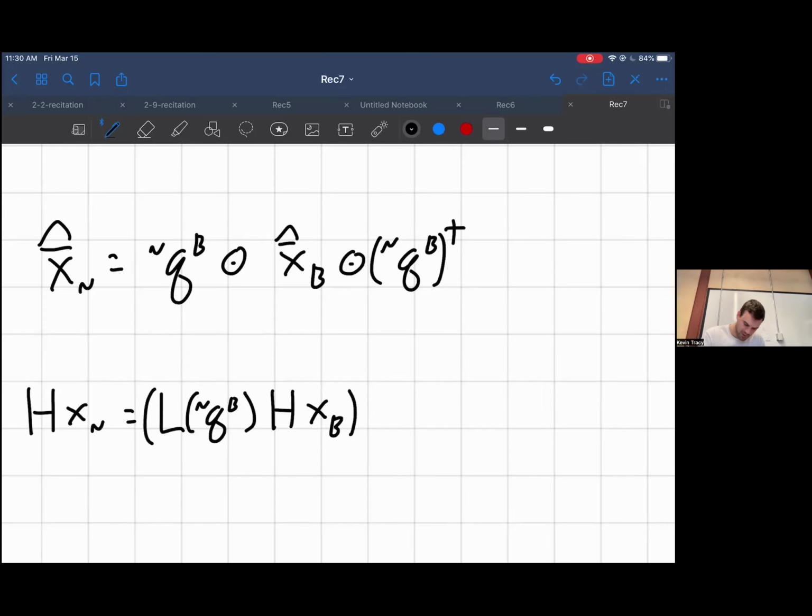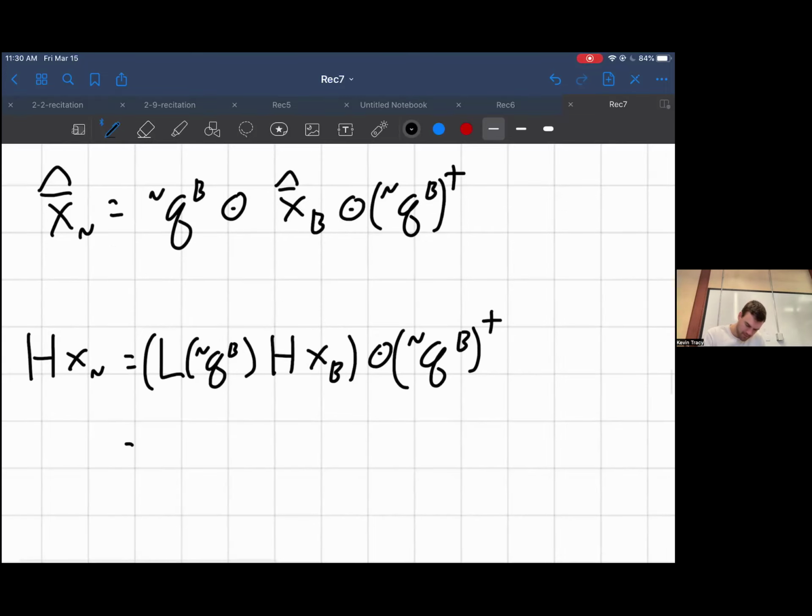And we'll do this in two steps. And then now I can do the same thing where I just do R. So now I have two quaternions being multiplied. I can just use my same R thing.